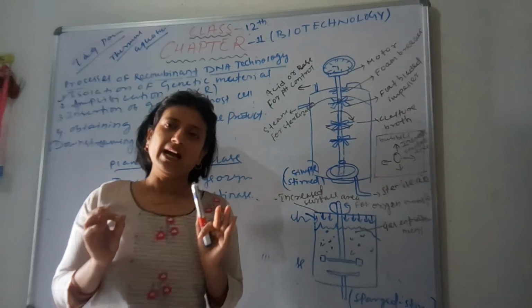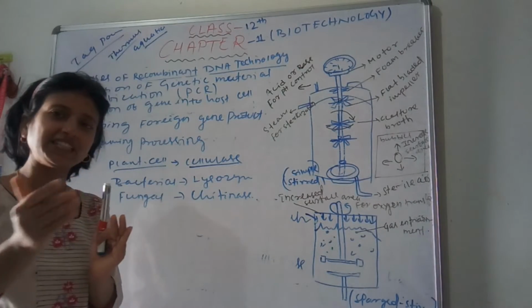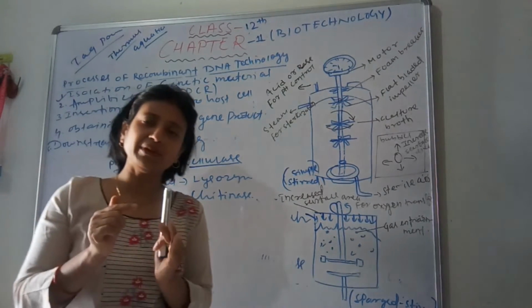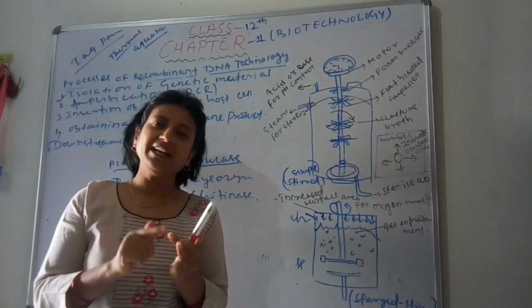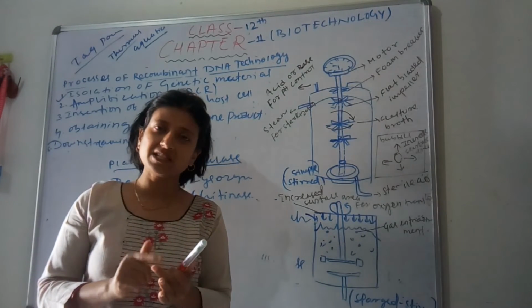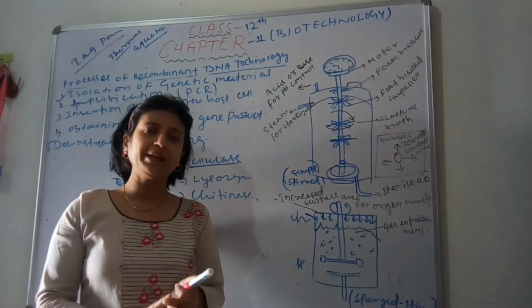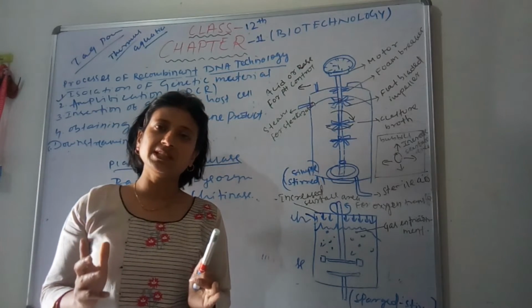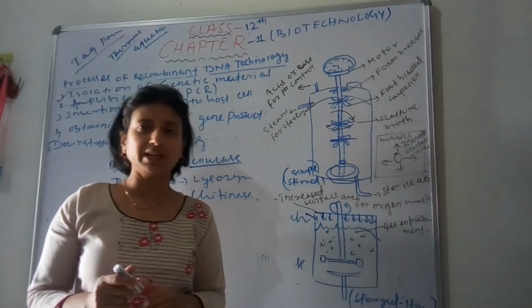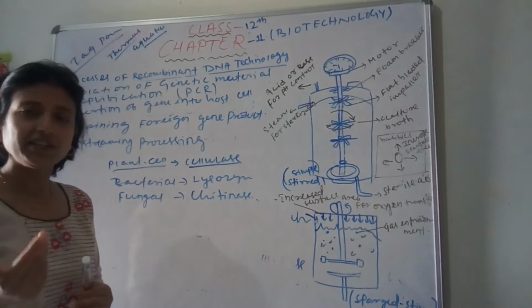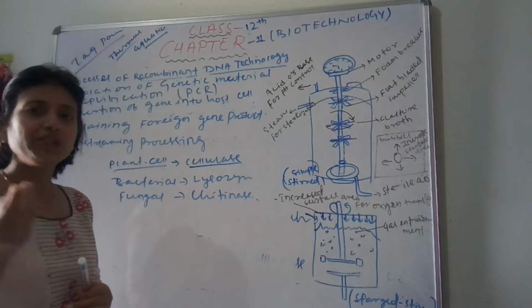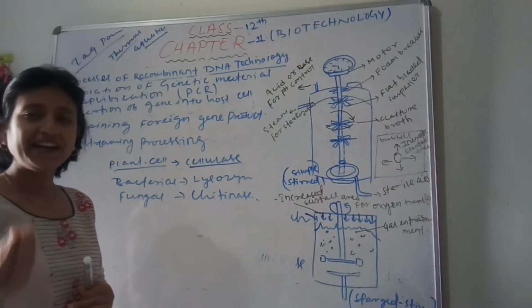Here we just digest the cell membrane, and inside it the nucleus is present, and the nucleus contains not only DNA but also RNA, protein and some other macromolecules including polysaccharides. So here we need to remove these macromolecules, RNA and protein.